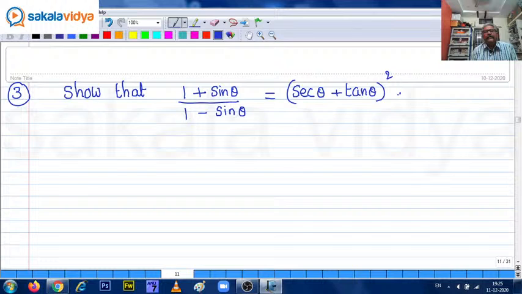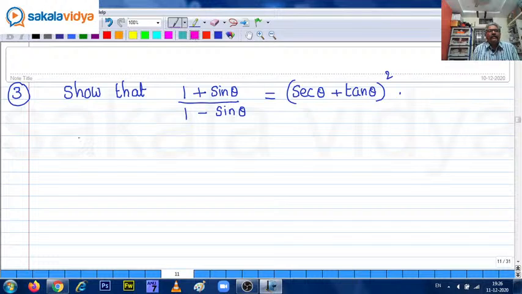Okay, can you prove this question? This problem can be done in two ways: by considering left hand side or by considering right hand side. So anyway you can solve it. Otherwise left hand side minus right hand side is equal to 0 also you can prove it.